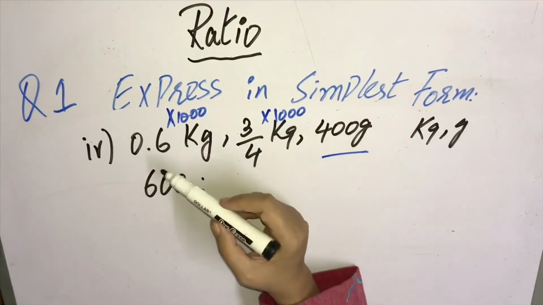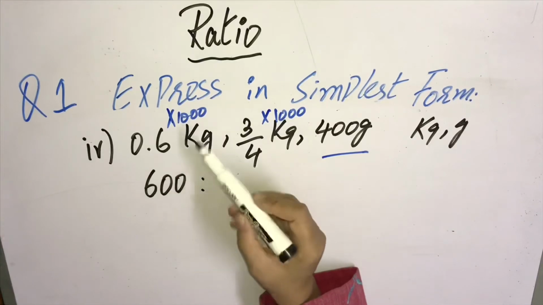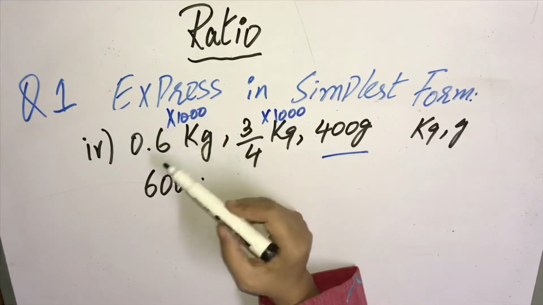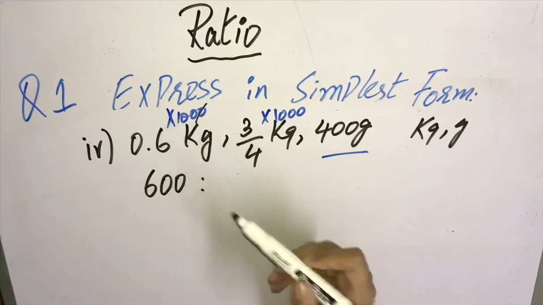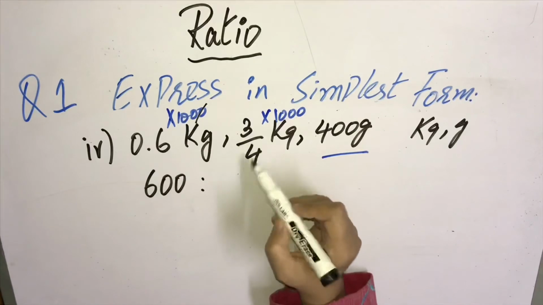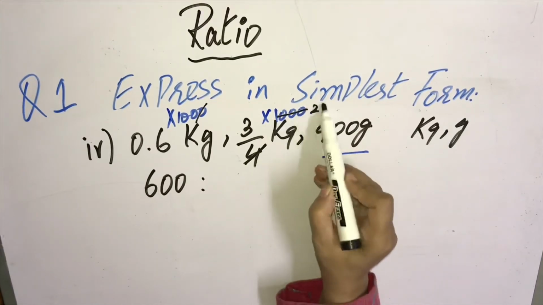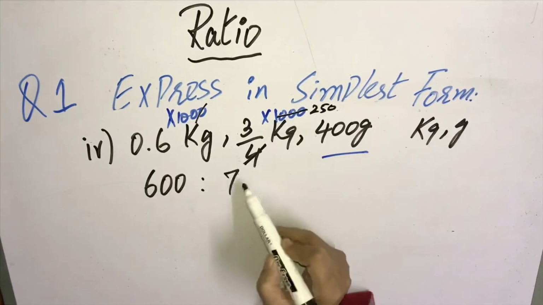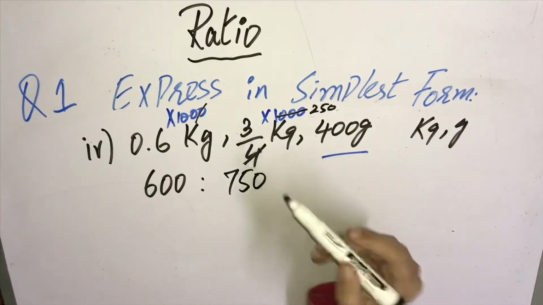When I multiply 0.6 with 1000, 1000 has 3 zeros, but one decimal will remove 1 zero, so there will be 2 zeros with the answer, 600. When I multiply 3 by 4 with 1000, I shall cancel this 4 with 1000 to get 250, and my final answer will be 750 when I multiply this 250 with 3.